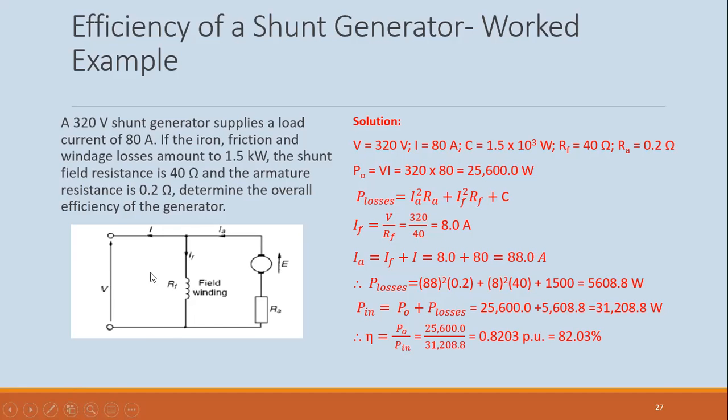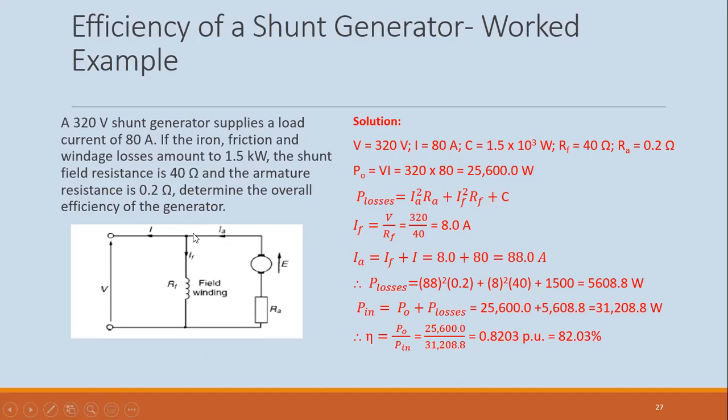Voltage across RF would be this voltage here, V, since it's a shunt machine, shunt generator. So IF is equal to V over RF, and that works out to be 8 amps.